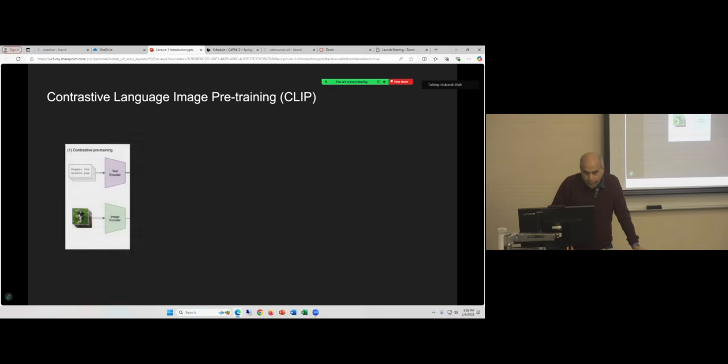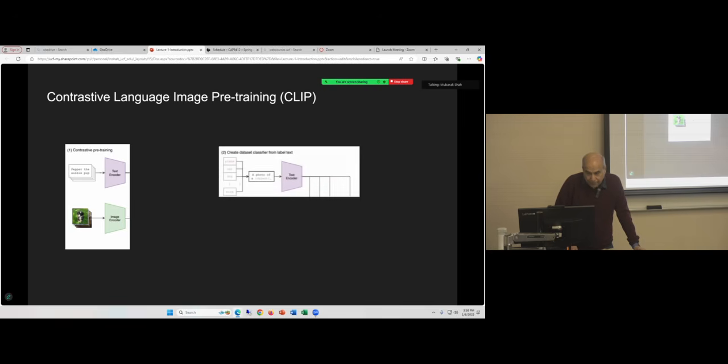Now once you do that, you can do lots of interesting things. Let's say you want to do image classification. You have certain classes like ImageNet, 1,000 classes. You have an image and you want to recognize which class it is.